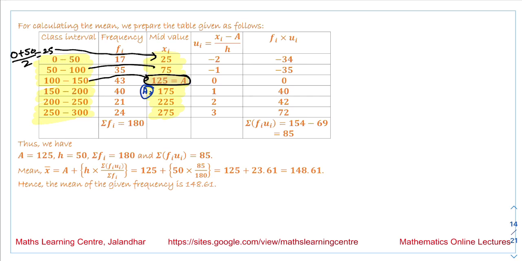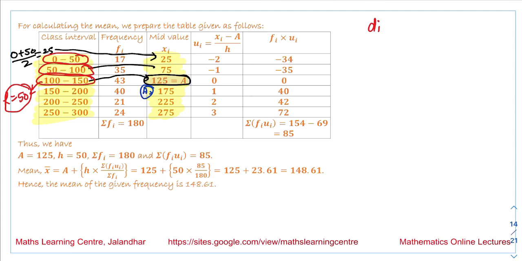Now the value of h that we have is the difference of these values. The difference of all these values is 50. So the value of h is equal to 50. Now we are going to calculate the value of di.